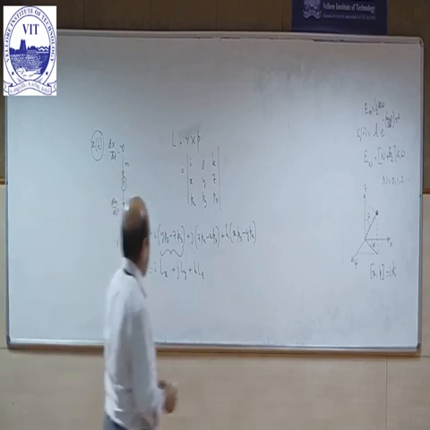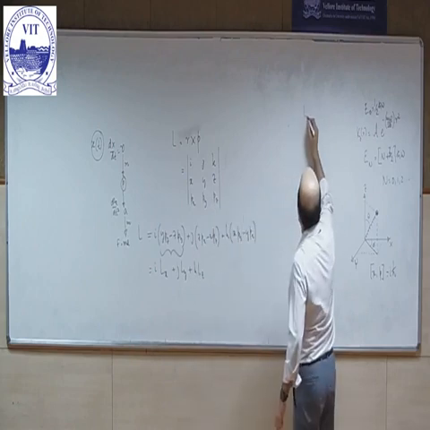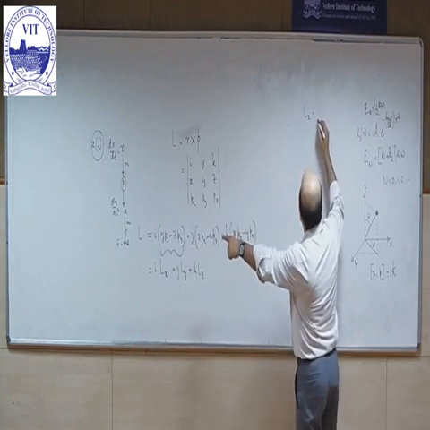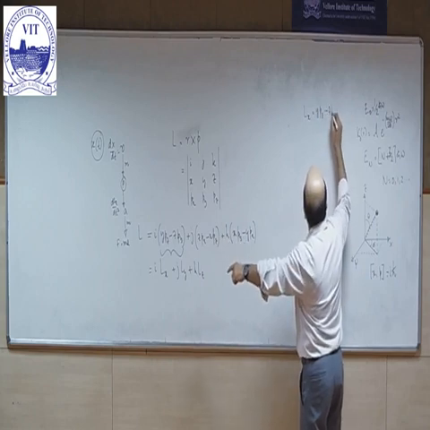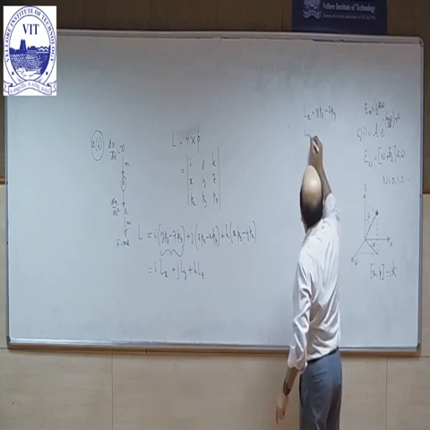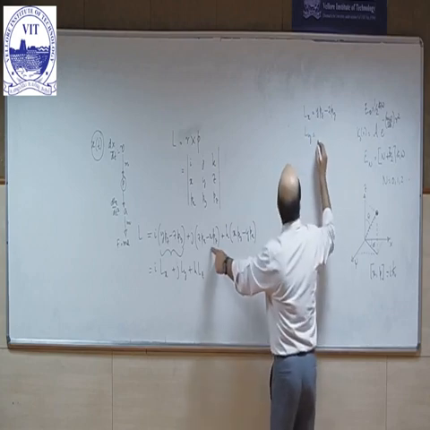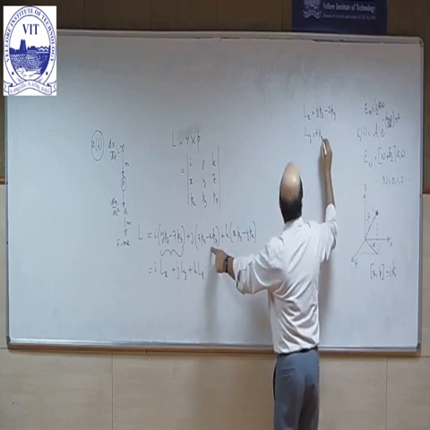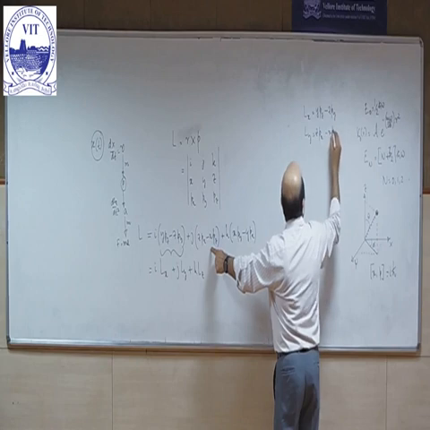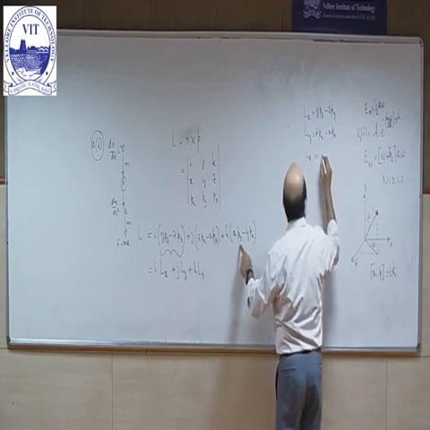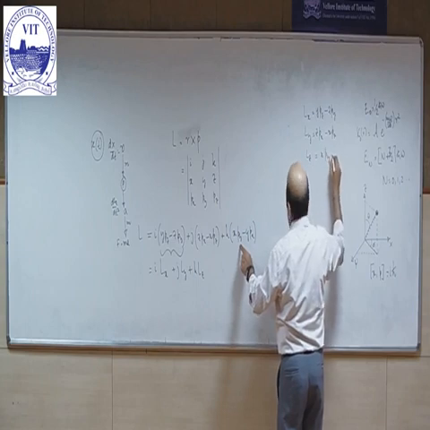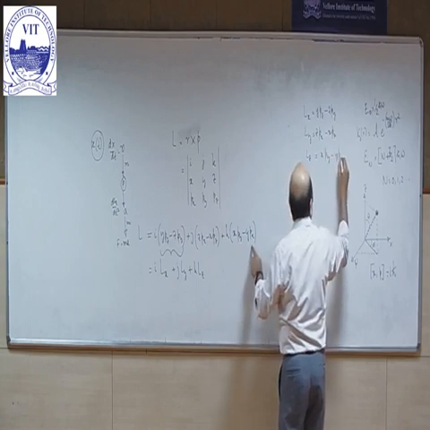So what do you have? Lx is y pz minus z py, Ly as z px minus x pz, Lz as x py minus y px.